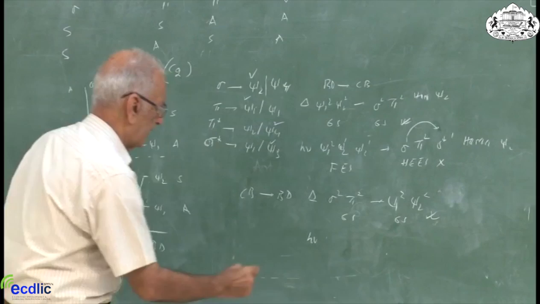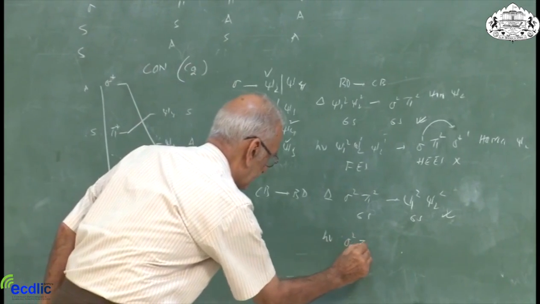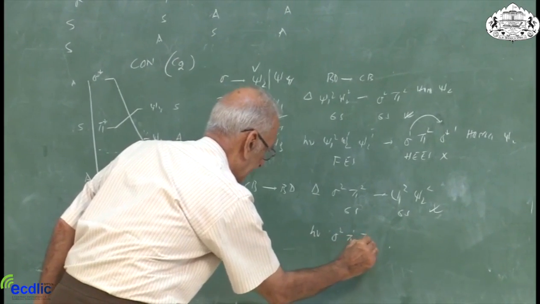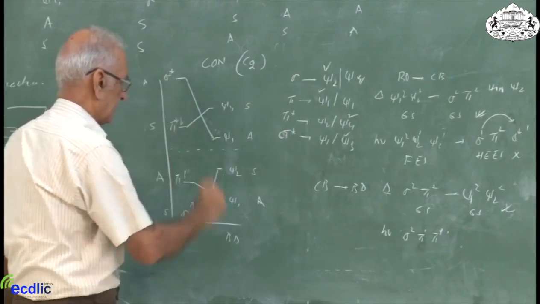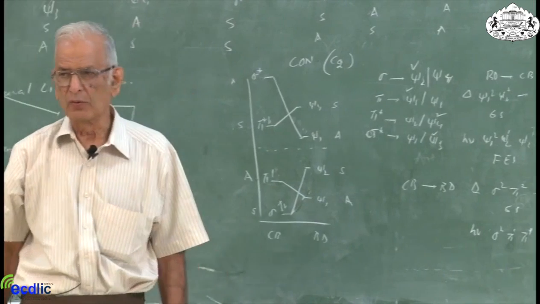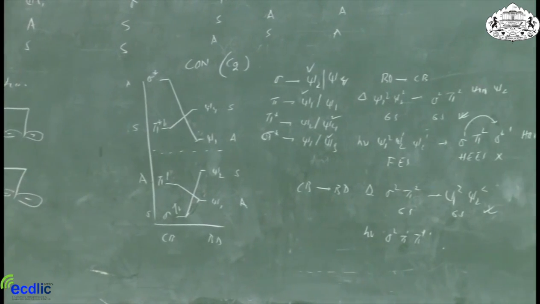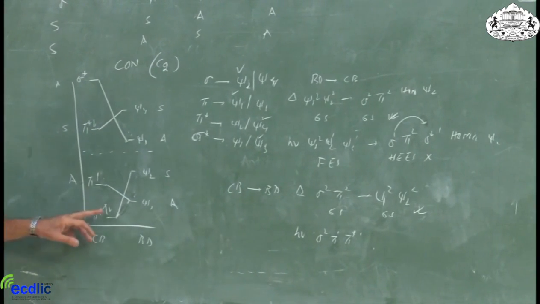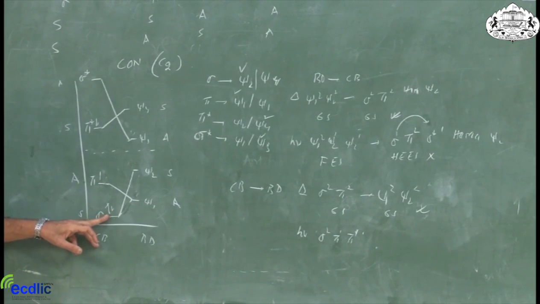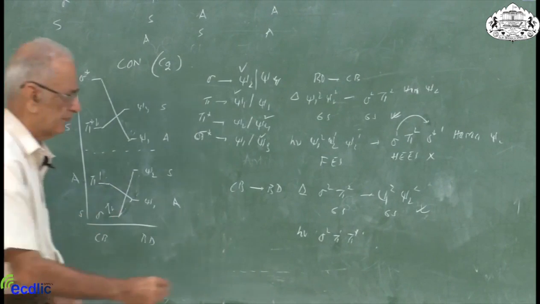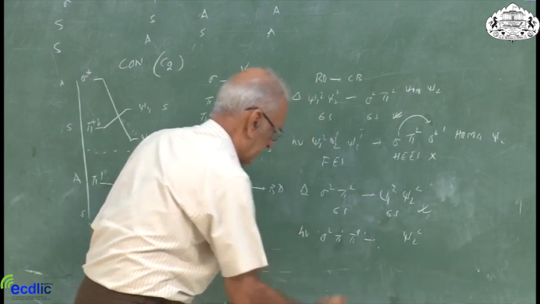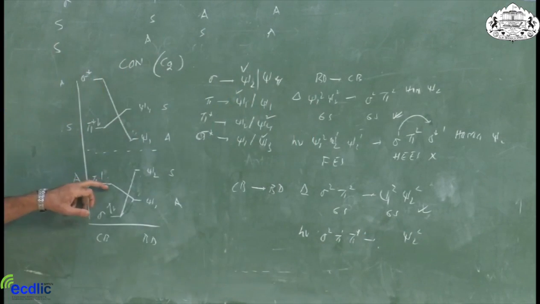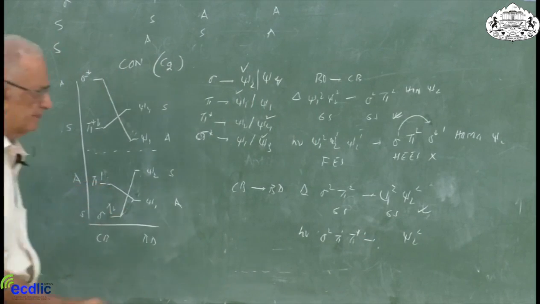We look at photochemical, 2 in sigma, 1 in pi, 1 in pi star. Where will these electrons go? Sigma 2 electrons will go into psi 2. Pi 1 electron will go into psi 1.